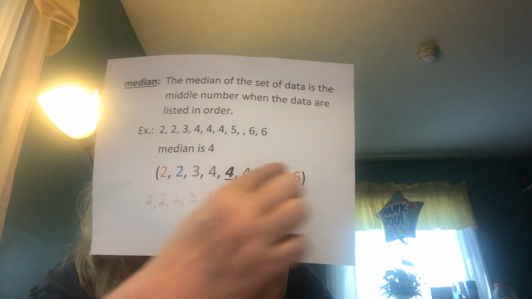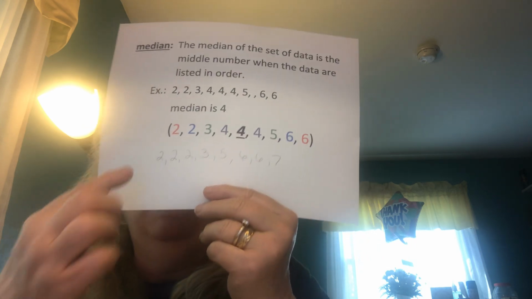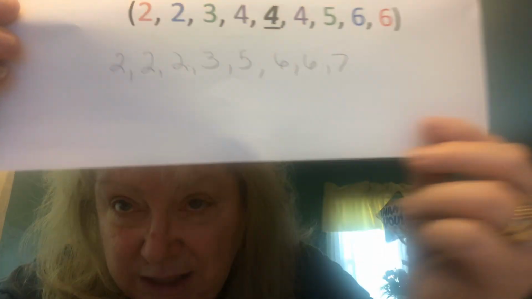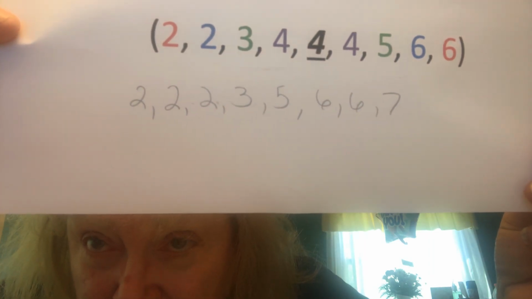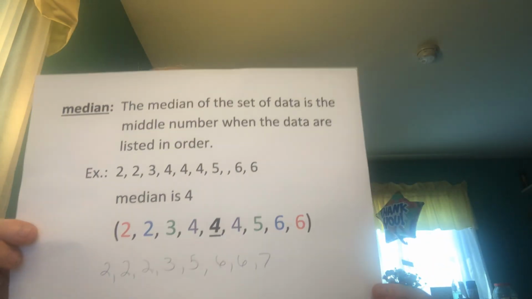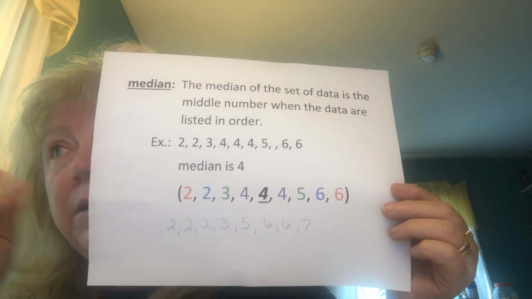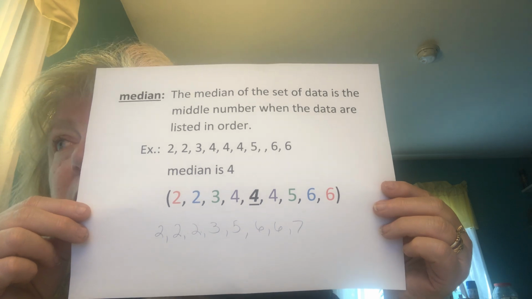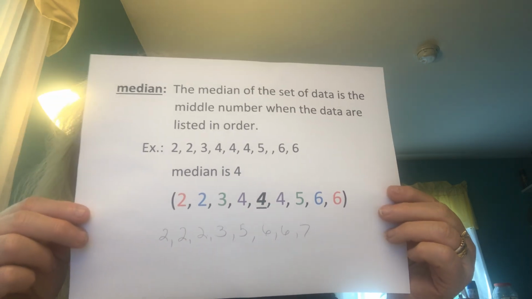If you have an odd number of items, your middle number will be very easy to see. But if you have an even number of items, like we did in this one I wrote in pencil, since you don't land on a single number, you have to take the two middle numbers, add them together, and then cut them in half to find your median.